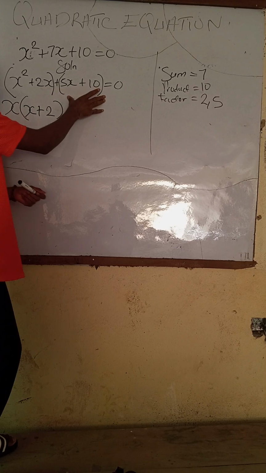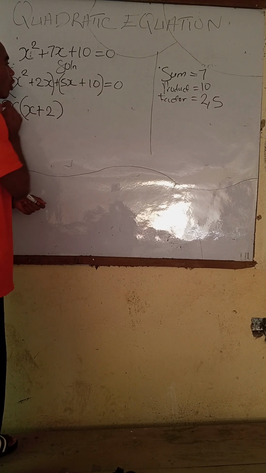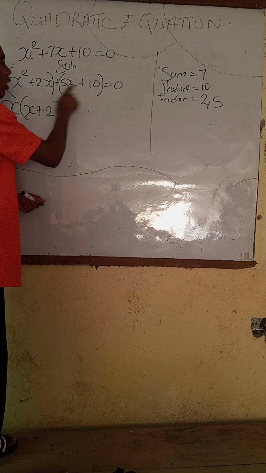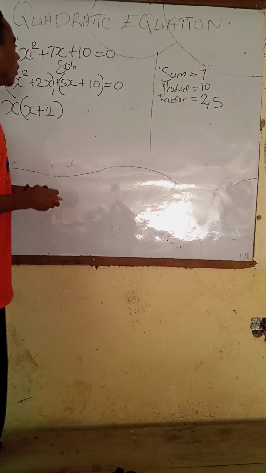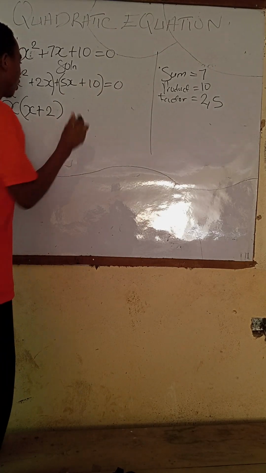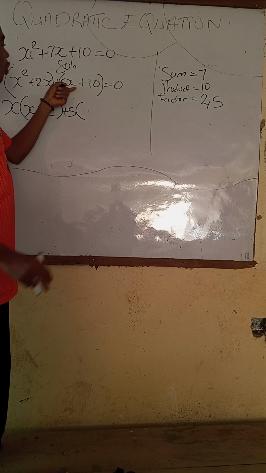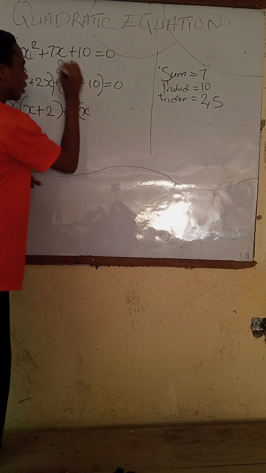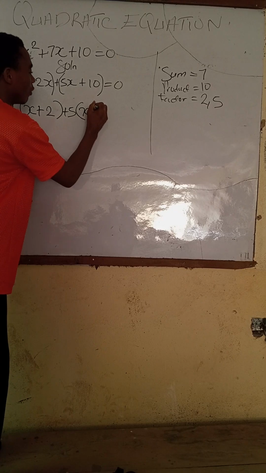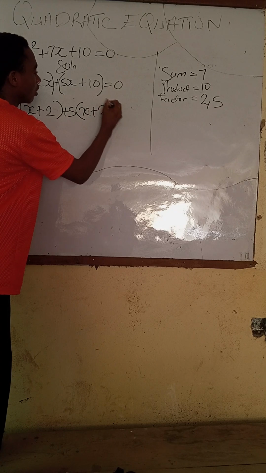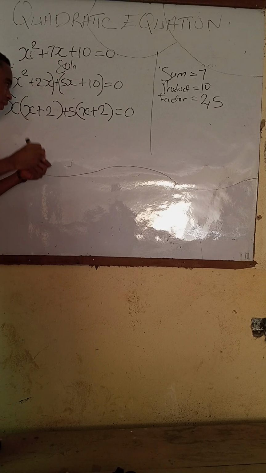Now let's go to the second group. What is common here? You can see 5 here. 5 can also go into 10, which means 5 is common. Now we have plus 5. 5 going into 5x leaves x. 5 into 10 goes 2 times, which is close to 0.